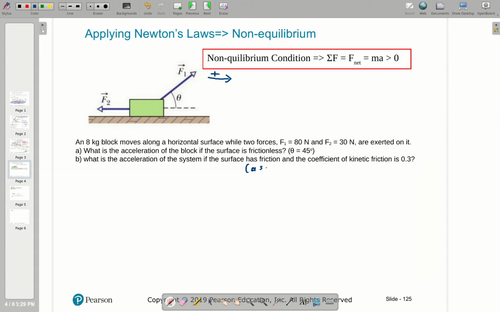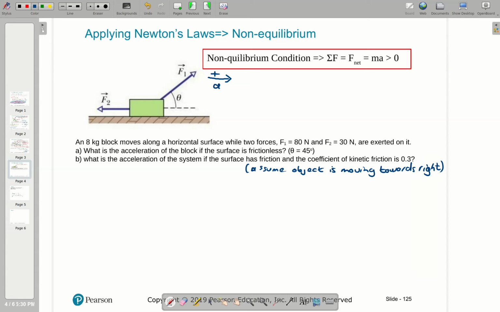Assume object is moving towards the right. Okay, so if it's moving to the right, a is to the right, and we take it as positive.